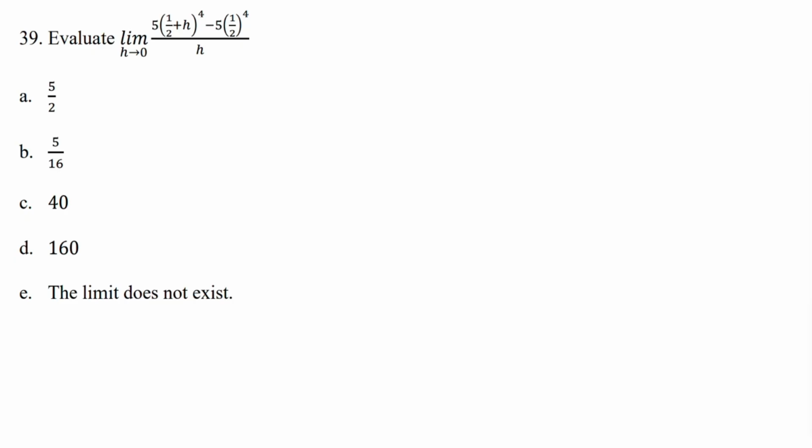So for this next one, we're again looking at one that looks like a limit definition of the derivative. So we're just going to think about that rule. That rule says that if it's the limit as h approaches 0 of a function at x plus h minus that same function at x, then the x value we've got here is 1/2. And the function that we're looking at is f of x equals 5x to the 4th.